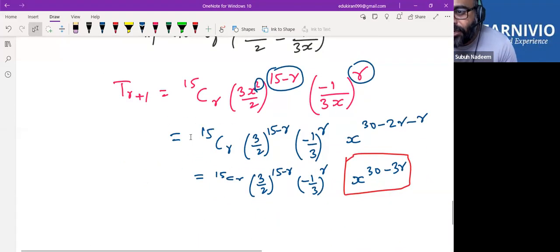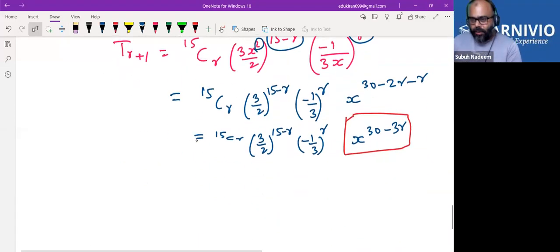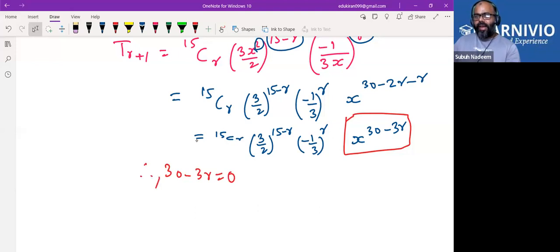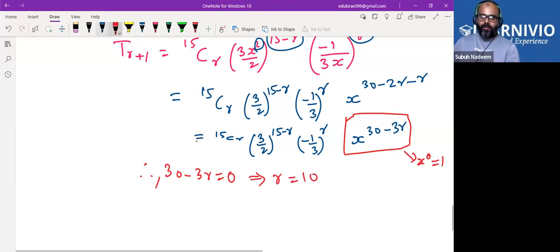So if it is independent of x, it means that x should have the power 0. Then only x to the power 0 will be equal to 1 and x will vanish. That means r is equal to 30 by 3, 10.